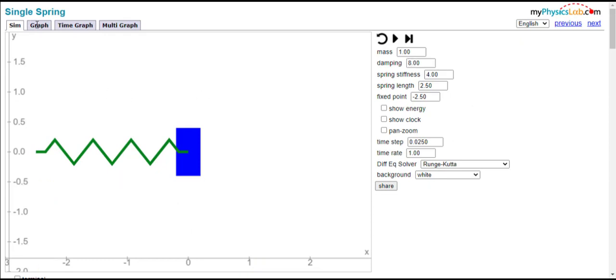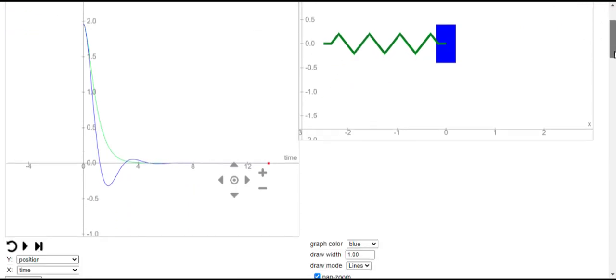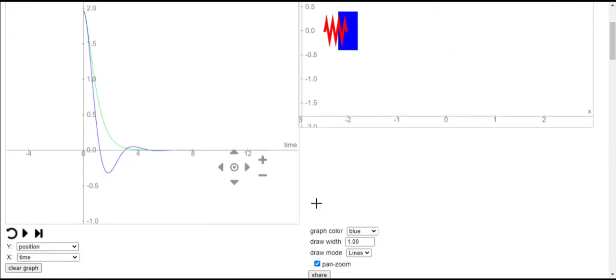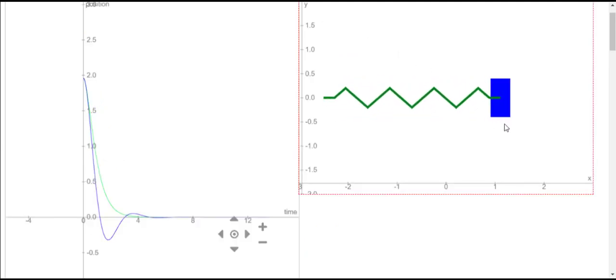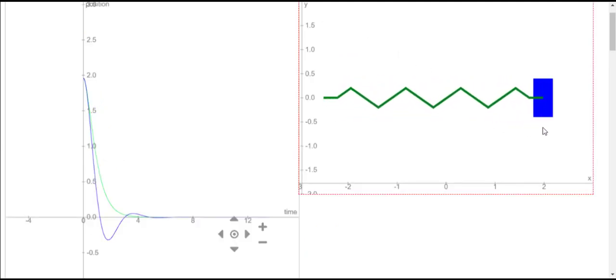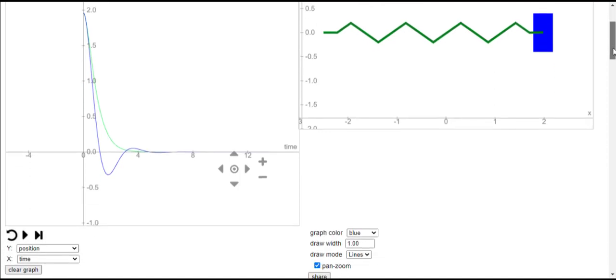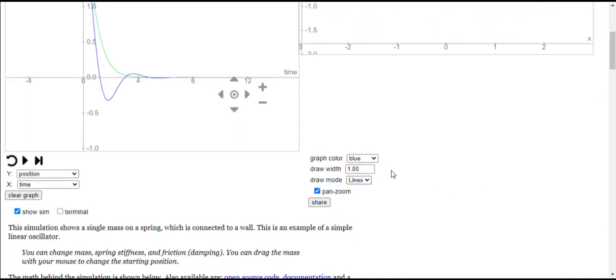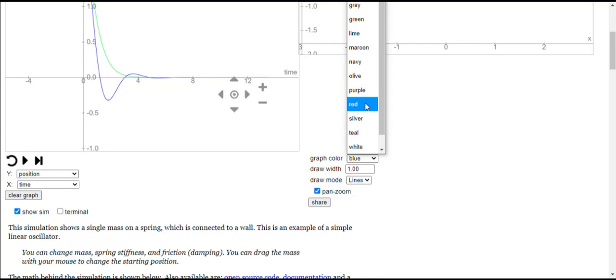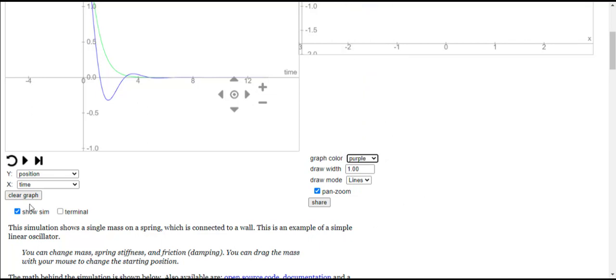So now let us go for the graph, and again let me reset this to 2, so that we can compare the graphs. Let us change the color, so let us put it as purple, and just let us play.